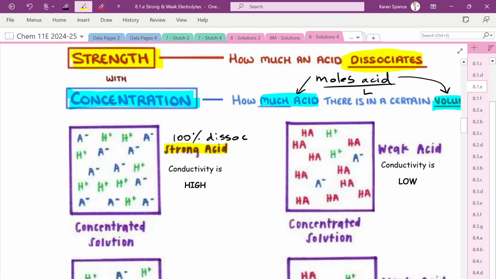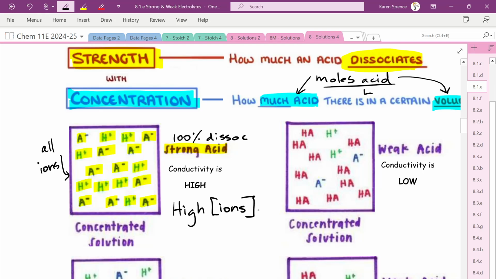So if we look, how many of the things in there are ions? All of them. And since we have a high concentration of ions, that means that our conductivity is high.